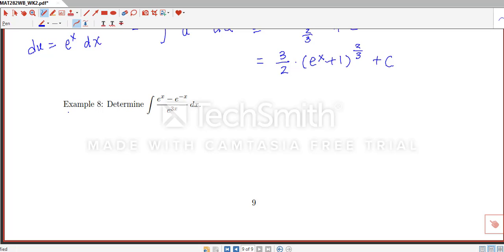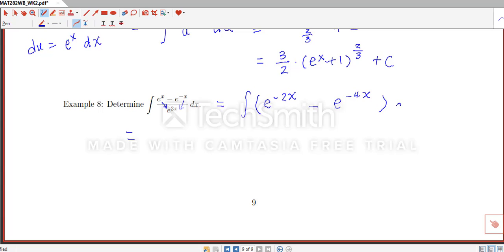Example number 8. You may think about, should I use u-sub? Well, if you replace 3x by u, it doesn't really simplify the expression. So we need to first divide the numerator by the denominator. So we get the integral of e to the x divided by e to the 3x is e to the negative 2x power, minus e to the negative x divided by e to the 3x is e to the negative 4x power.